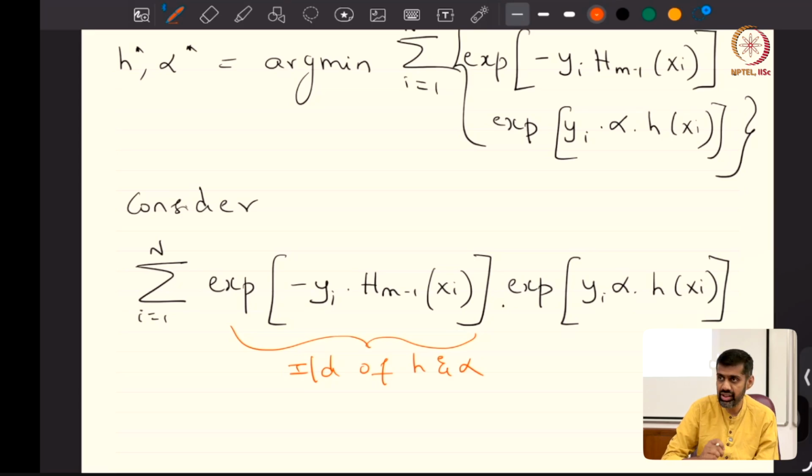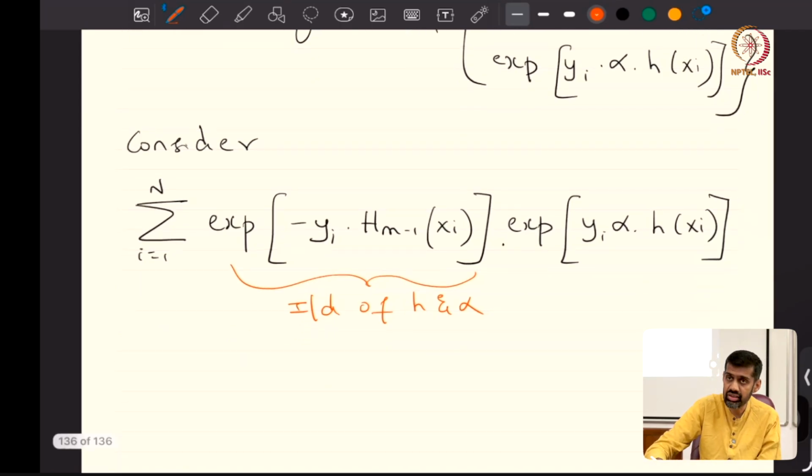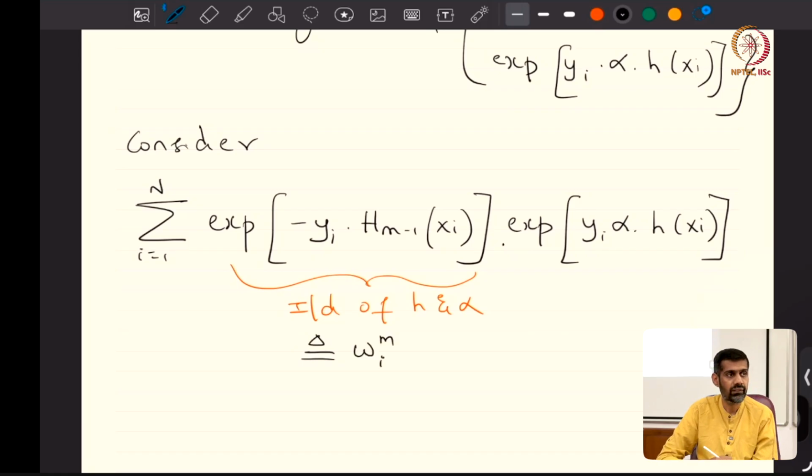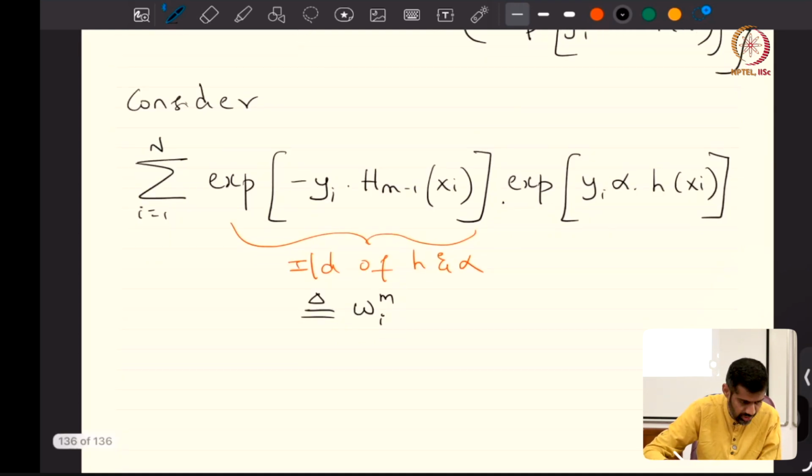The optimization variables are h and alpha. So, since this term is independent of that, we can take that as a constant and push it out. Okay. So, let us define this as wi of m.